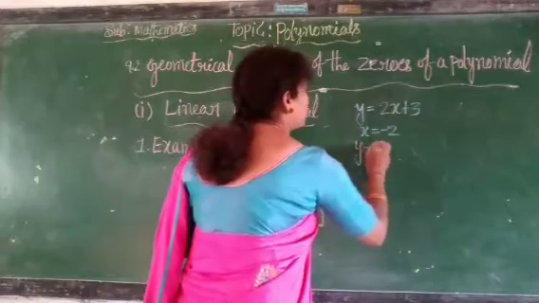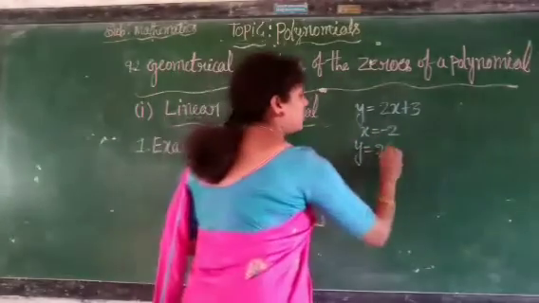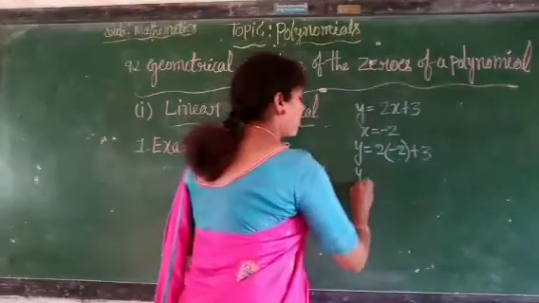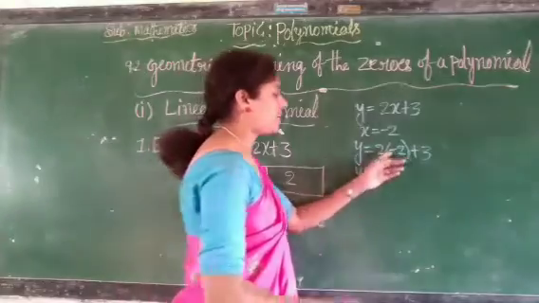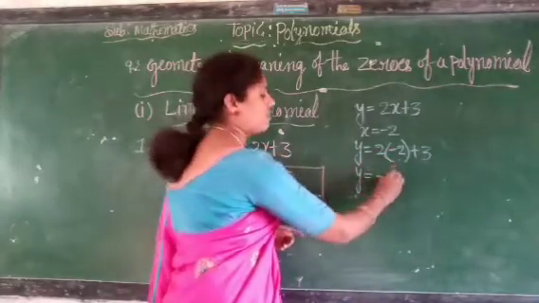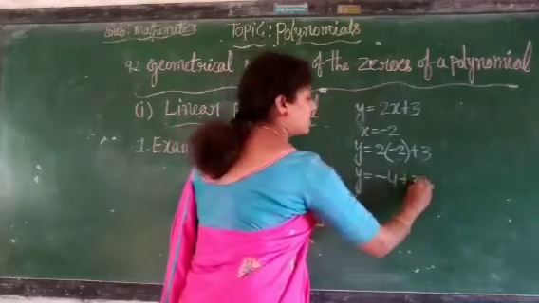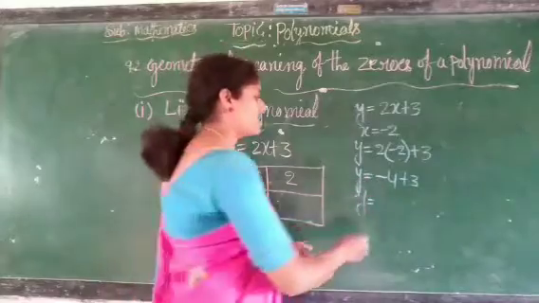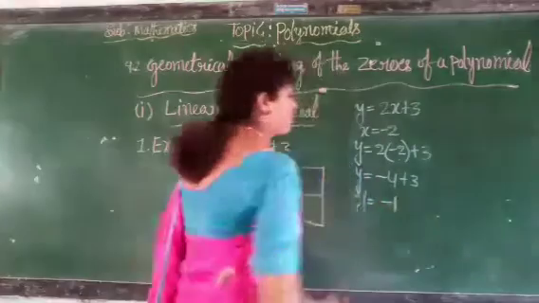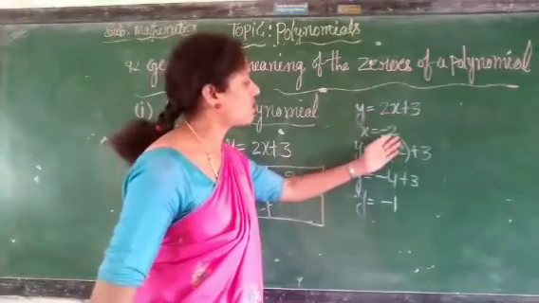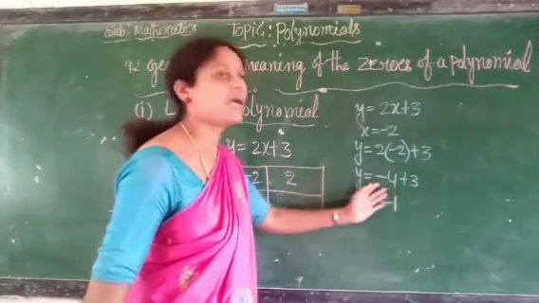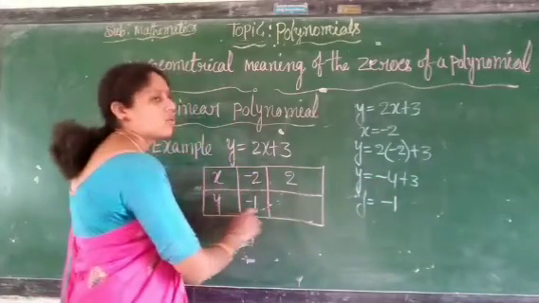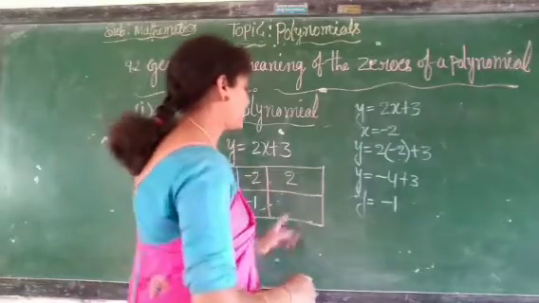Y is equal to 2 into minus 2 plus 3, that is minus 4 plus 3, which is equal to minus 1. We take minus 1 on the y-axis.